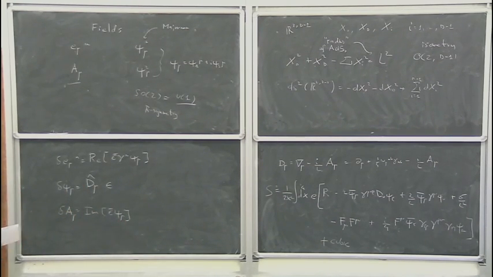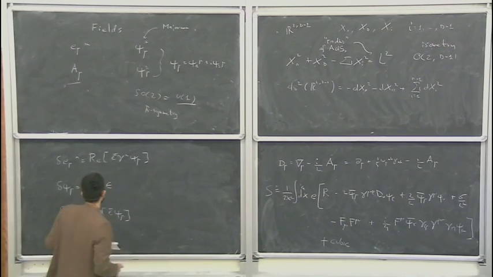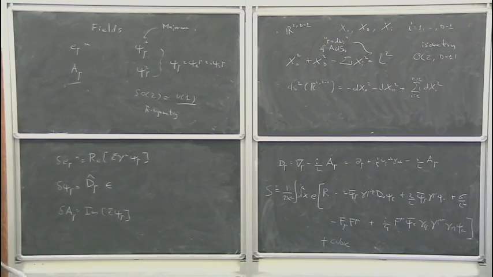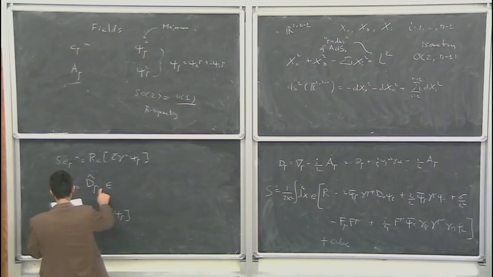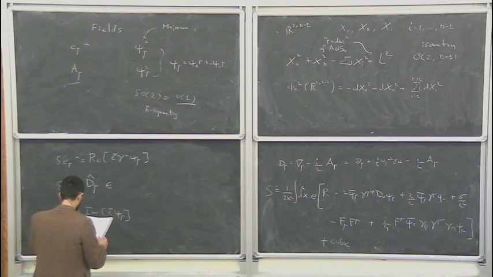So the structure is kind of, you see, almost imposed on us by the index structure, or what we can do. And even this object here is the expected one.